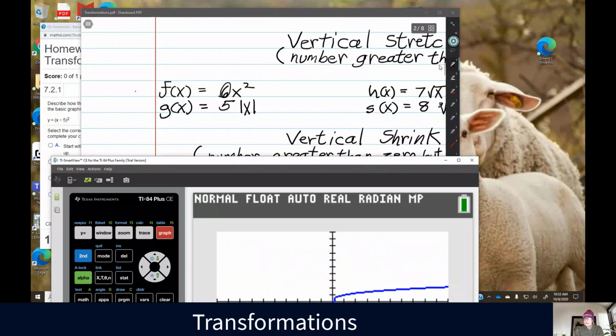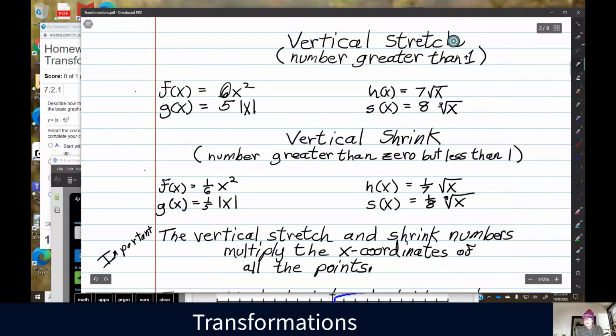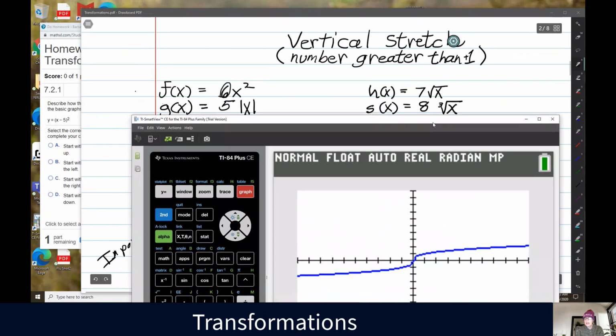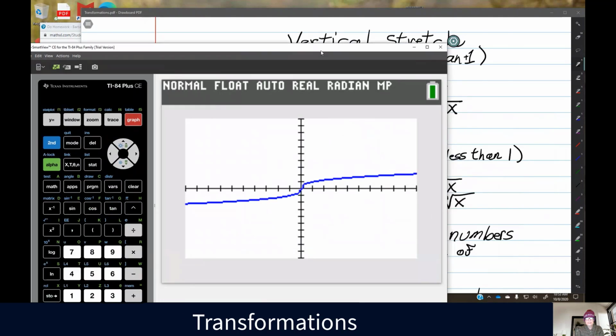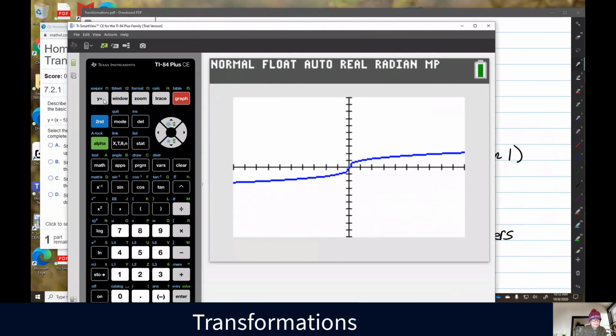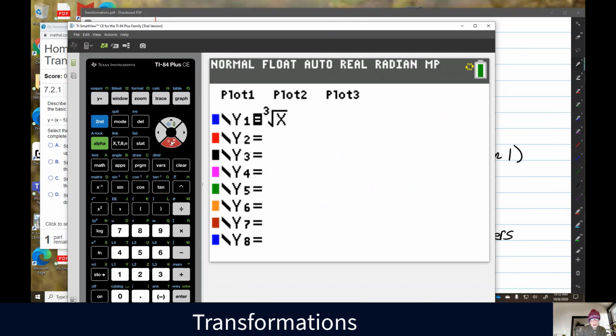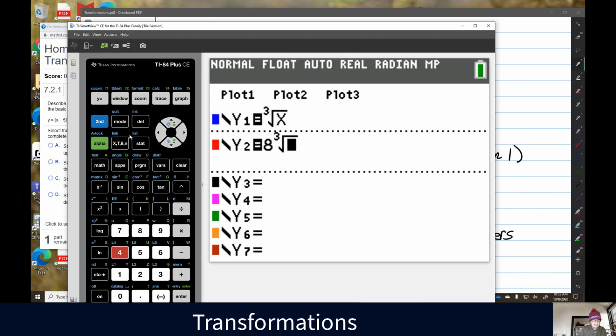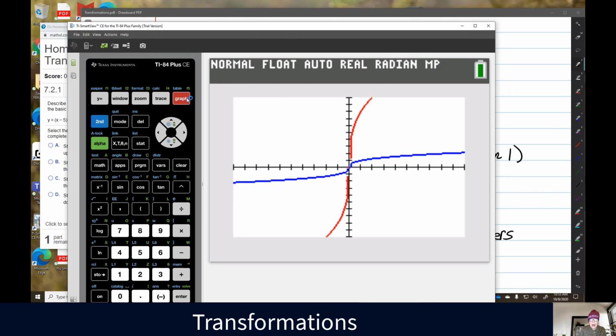Okay. Now we're going to multiply the cube root of x by 8. So I come down to y2, I put my 8 in front, and then follow it immediately by the cube root of x. Wow, this guy was stretched up here, but this guy was stretched down here.